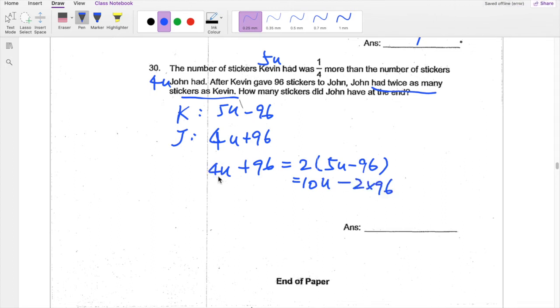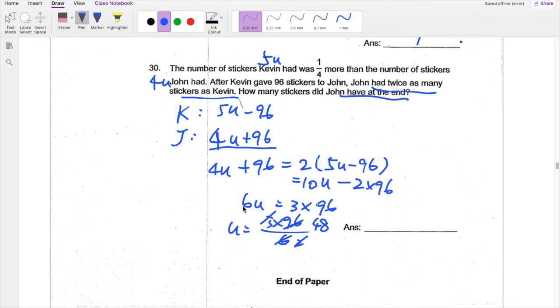Then we move 4U to this side, we have 6U, right? Then the minus 2 times 96 to this side becomes 3 times 96. U equals 3 times 96 divided by 6, which is 48. U is 48, right? So how many stickers did John have at the end?